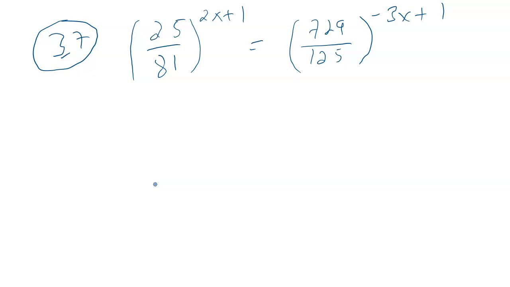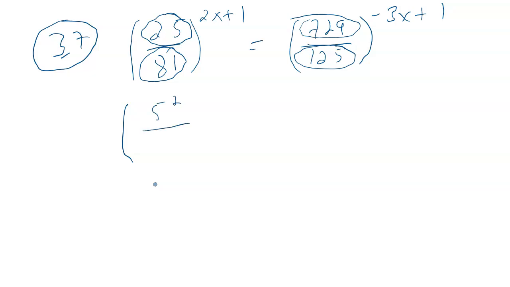Okay, I mean, a little bit of logic here. Obviously, this guy and this guy are both base 5. And using some additional logic, I'm going to say these are both base 9. Actually, that's pretty obvious to see. So this guy is going to be 5 squared over 9 squared, to the 2x plus 1.